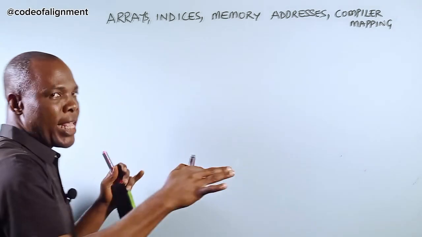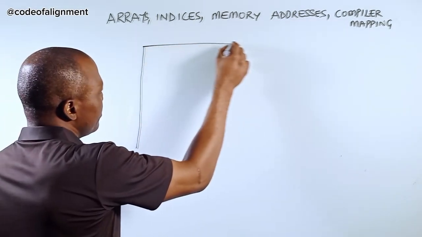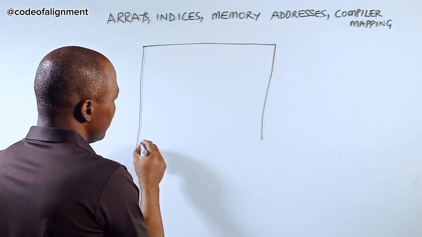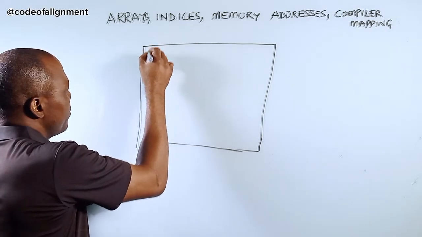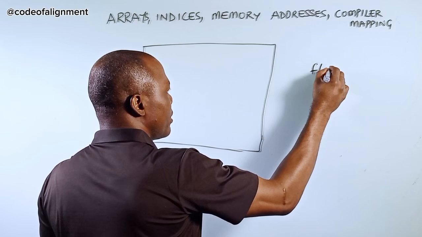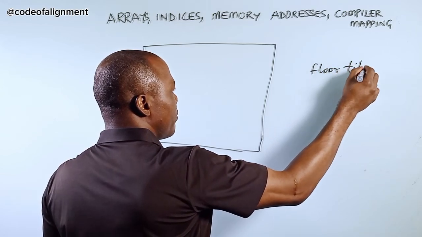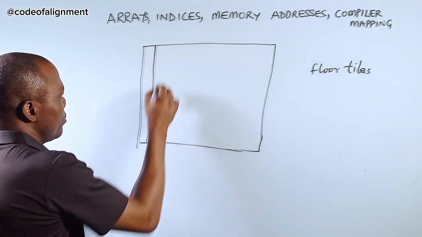Using the word index. So to explain this, I'll use something very simple. Let's assume a classroom, and we have something like this in the classroom. And then we have floor tiles, so we are going to do this.